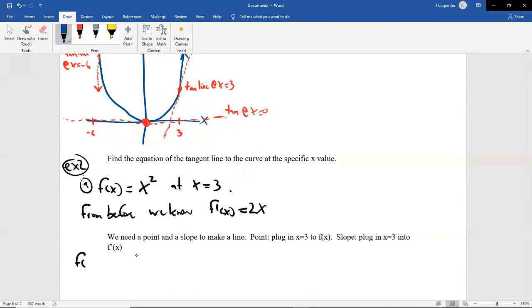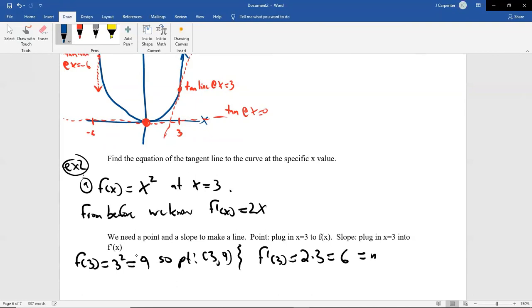So f of 3, that's 3 squared, which is 9. So our point is 3, 9. That's our x1 and our y1. Now we plug the 3 into the derivative, which that function's 2 times 3, which is 6. That's our slope at the x value of 3. So at 3, 9, at that point, the slope is 6. It only has to be 6 at that singular point.